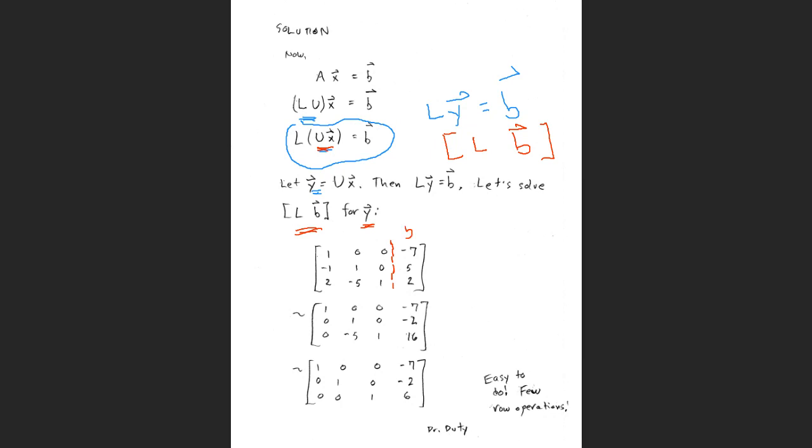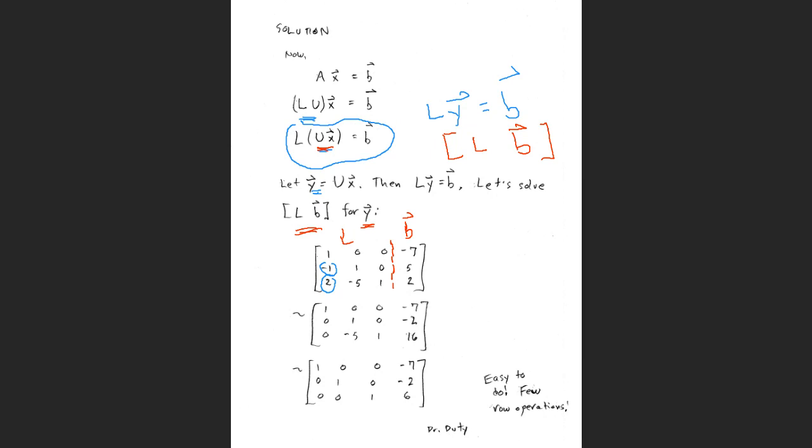So this is vector b, and this is the lower unit triangular matrix. So let's think about this now. We want to get pivots. Let me just blow this up a little bit. We want to get zeros, sorry, where the -1 is and where the 2 is.